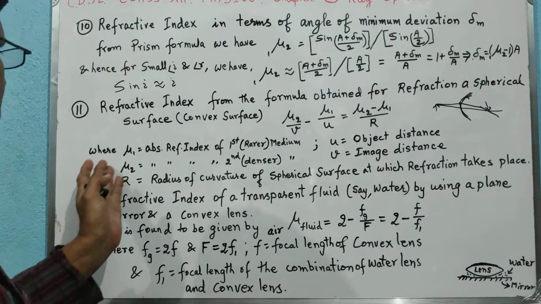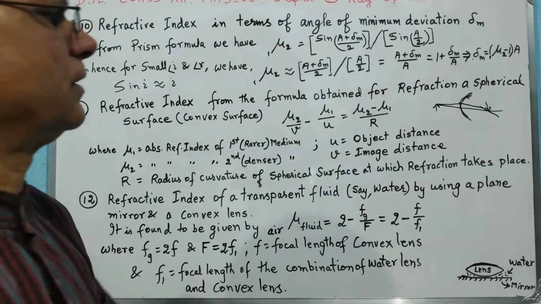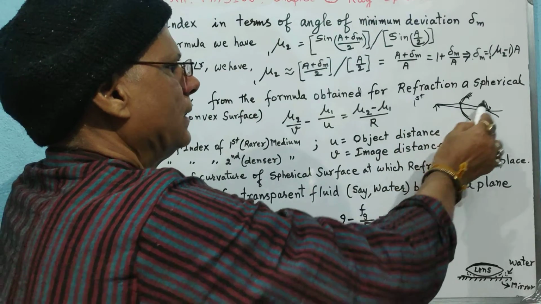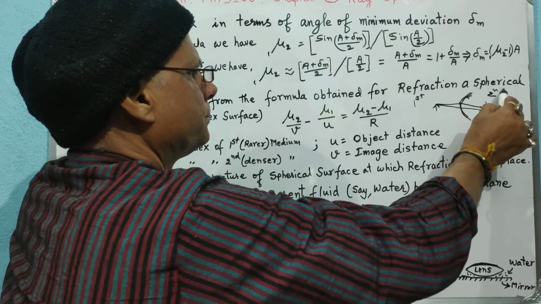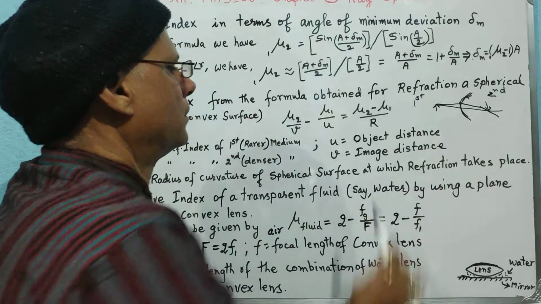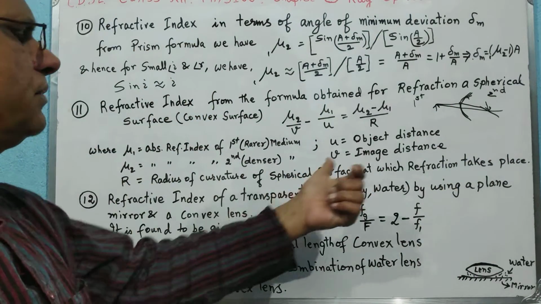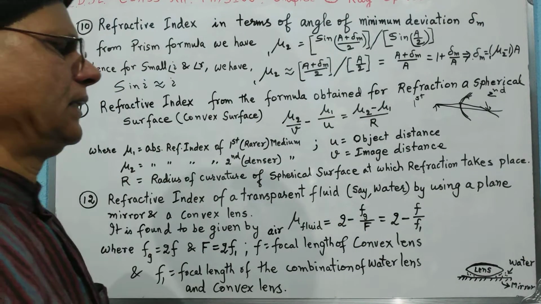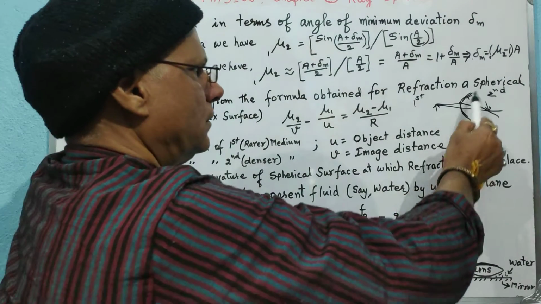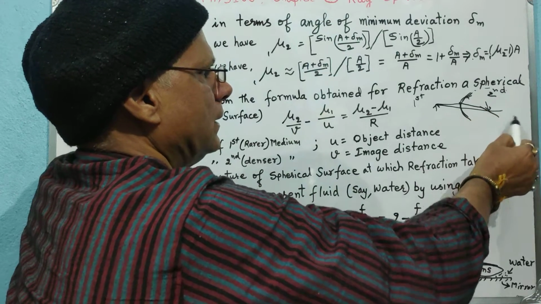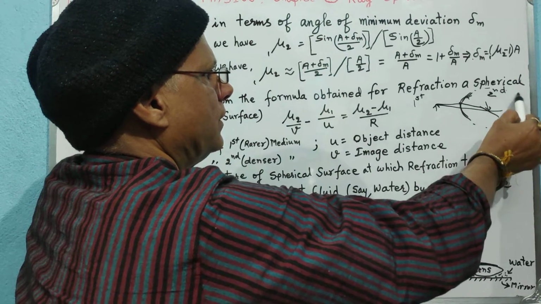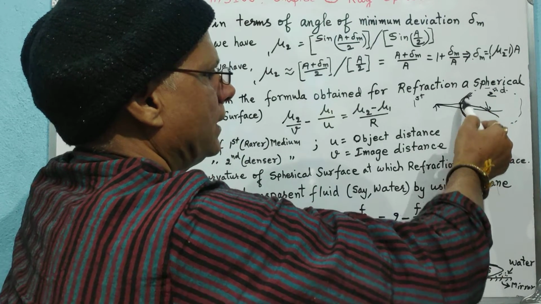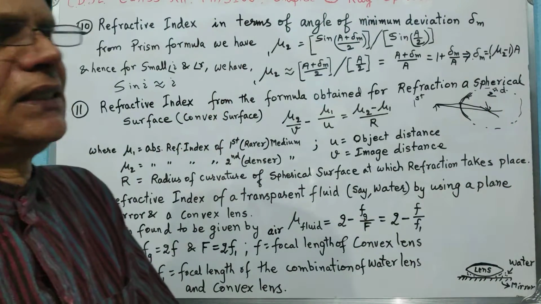Here mu1 is the absolute refractive index of the first medium, and mu2 is the absolute refractive index of the second medium, and r is the radius of curvature, that is, the radius of the spherical surface at which the refraction is taking place.